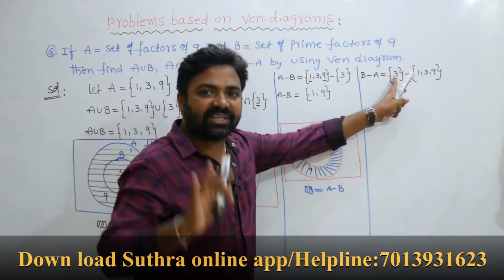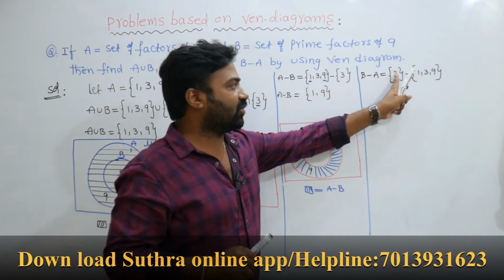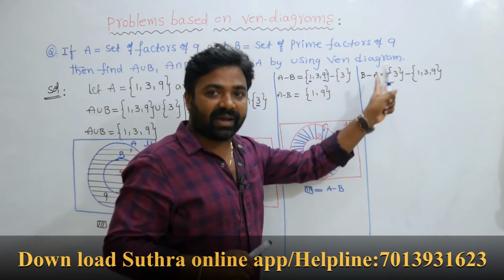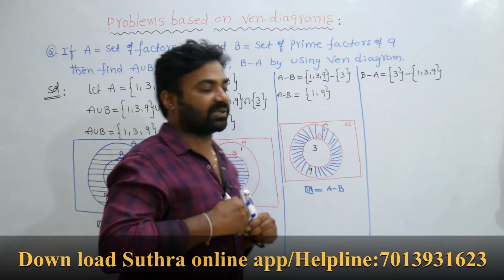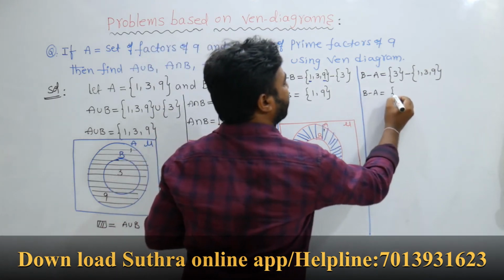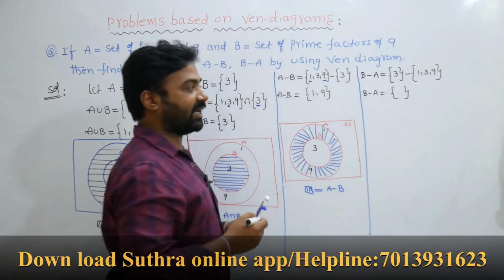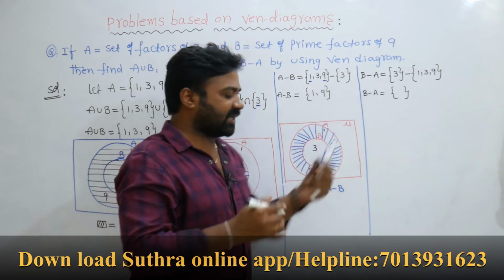In B set there is no more element left. There is no element. That's why B minus A is the empty set. There is no element except A. So B minus A is the empty set.